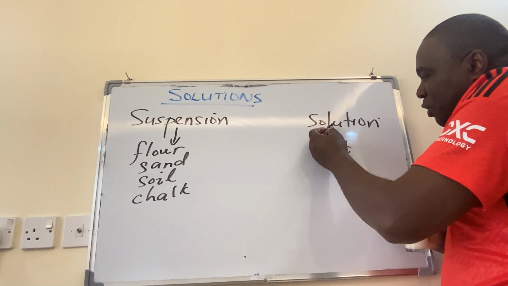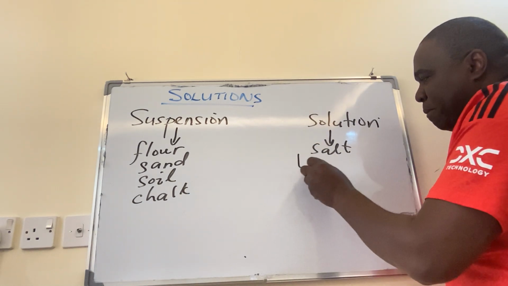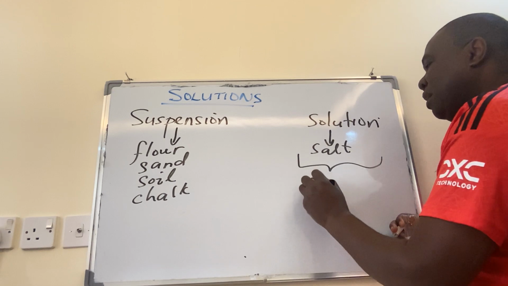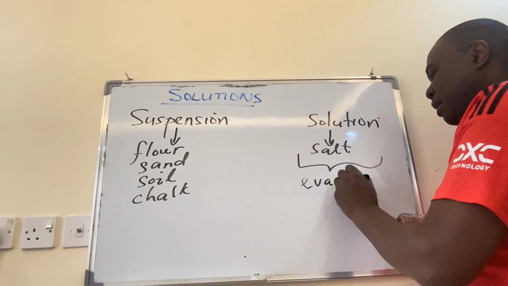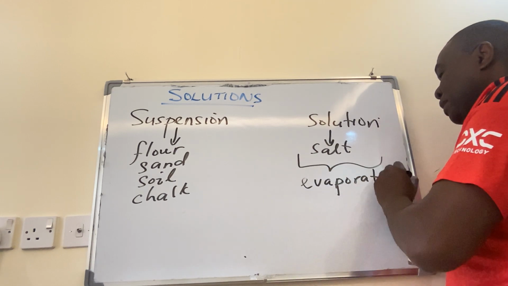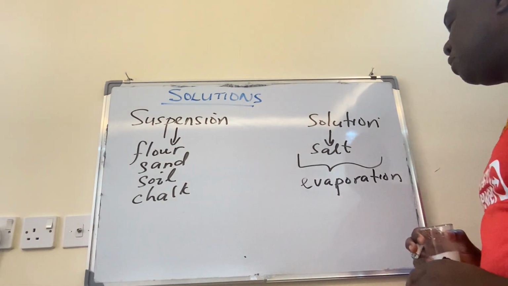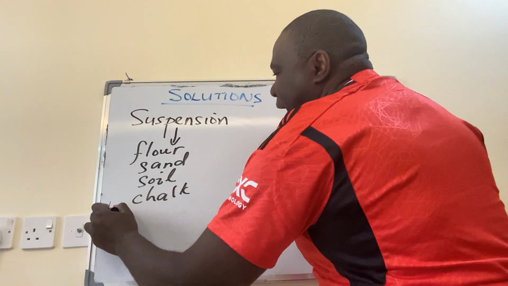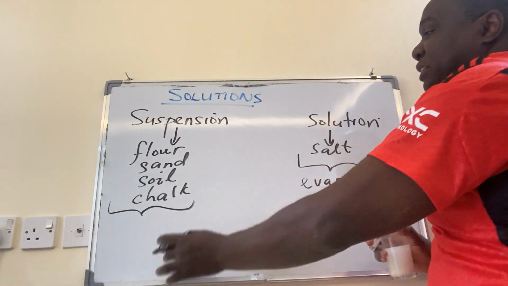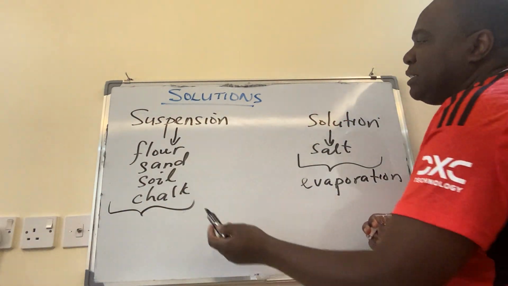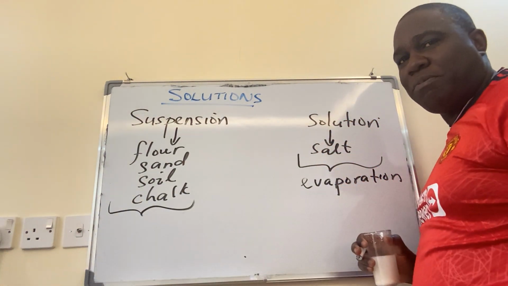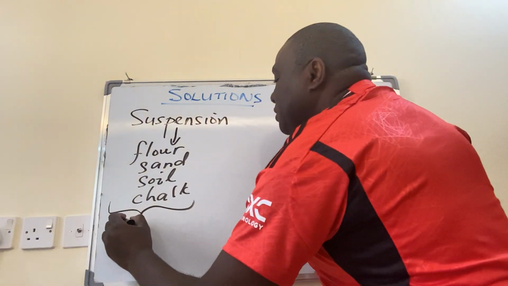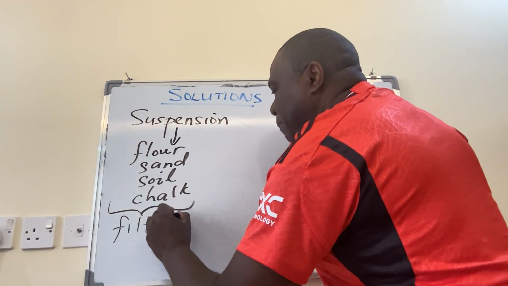Let me just check whether you still remember this. For salt to be separated from water, the method of separation would be evaporation. You can evaporate the water and the mixture will be separated. But I cannot use evaporation here. Why? Because these substances are not completely soluble in water. We can simply use filtration to separate them.